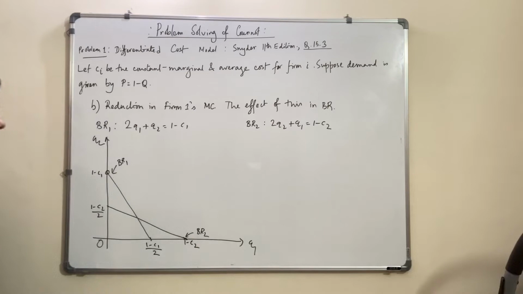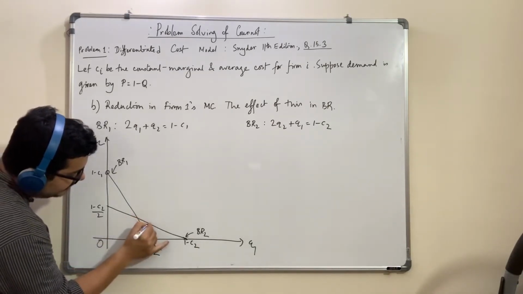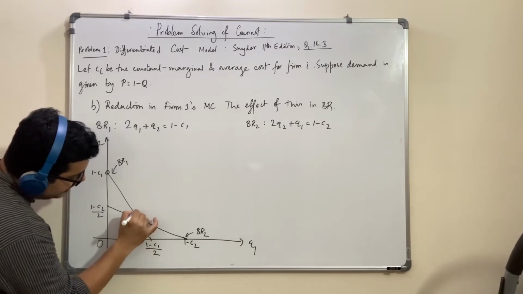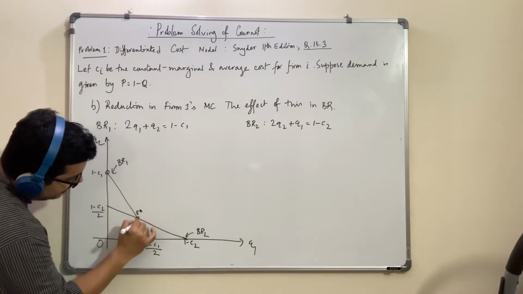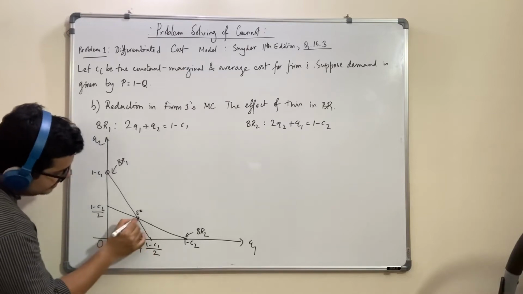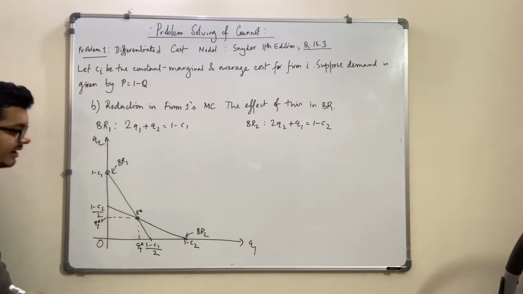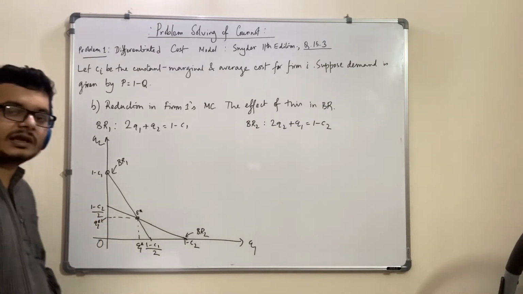Okay, so we know that the initial equilibrium, the equilibrium that we just calculated, it is E star, and this is Q1 star, and this is Q2 star, right? Okay, so this is the thing, we know that.